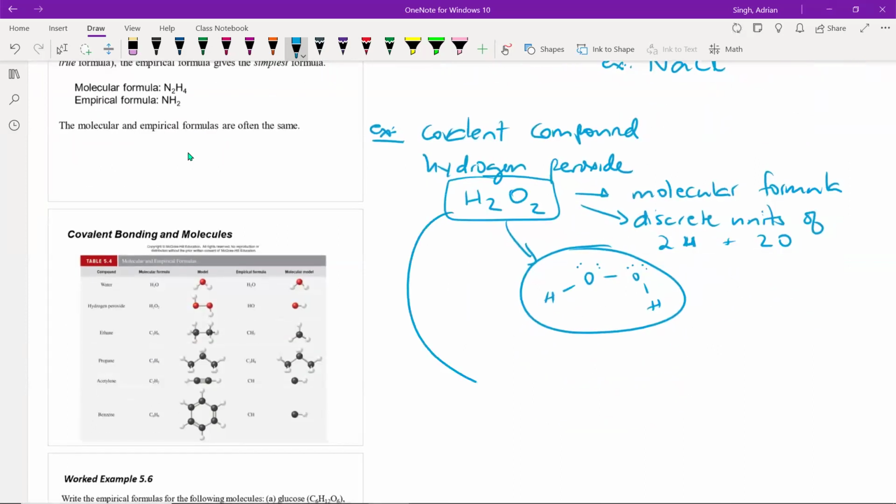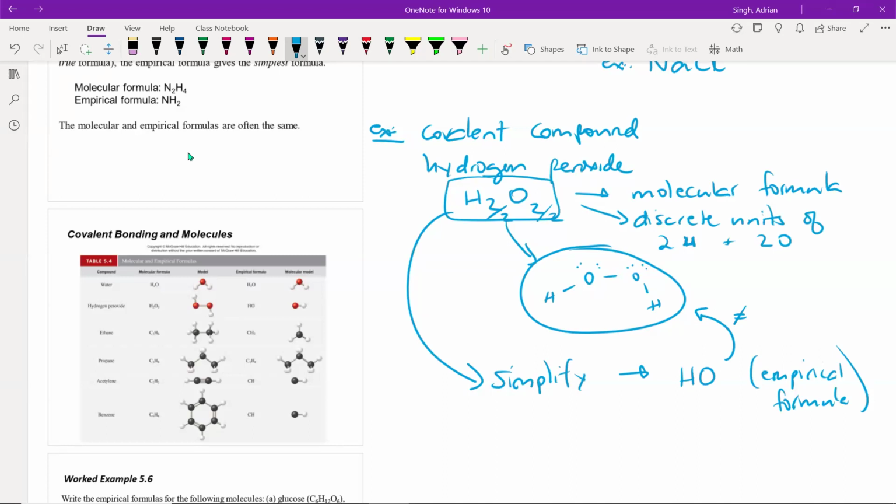We can simplify this, however. We can get a smaller whole number ratio. We just divide both of these by the smaller of the two numbers, which is 2 in this case. So this then becomes HO, and this is your empirical formula. You will note that hydrogen peroxide is not made up of one O and one H. It's actually made up of 2 O's and 2 H's in that ratio.